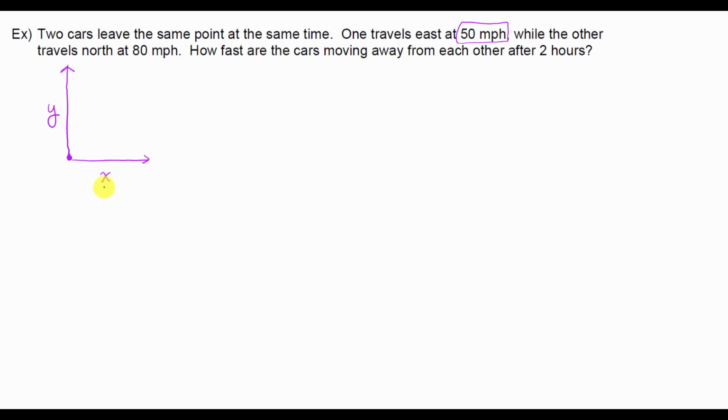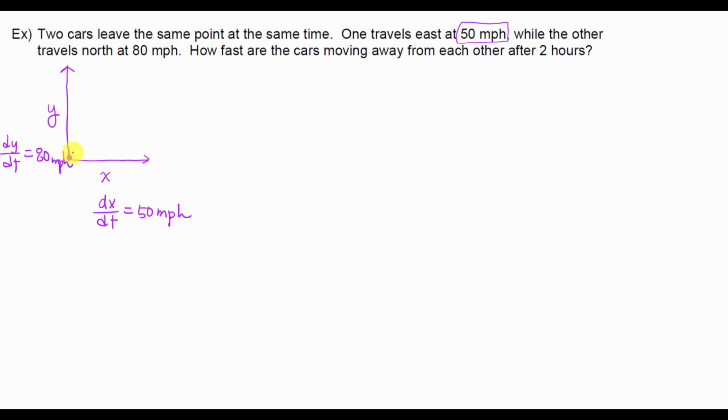It is how fast x is moving with respect to time t. So that will be dx/dt, which is equal to 50 miles per hour. And they also gave me the speed for how fast y is moving. So that will be dy/dt, and dy/dt is 80 miles per hour.